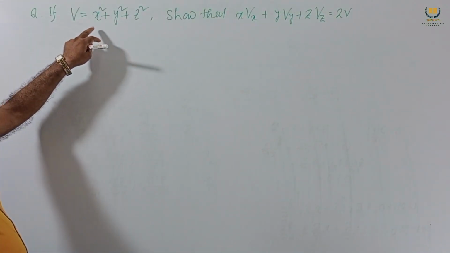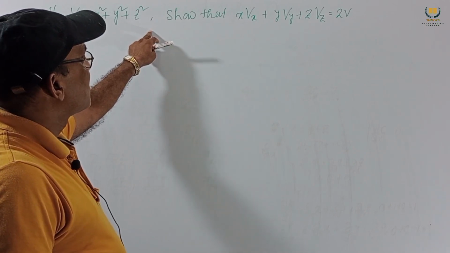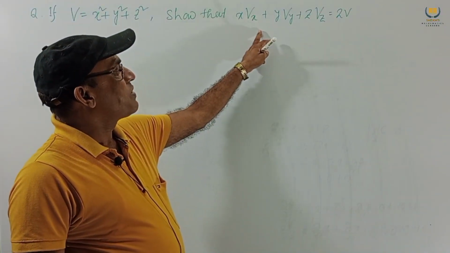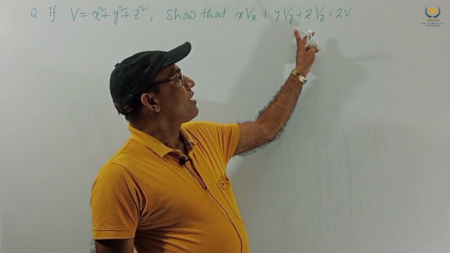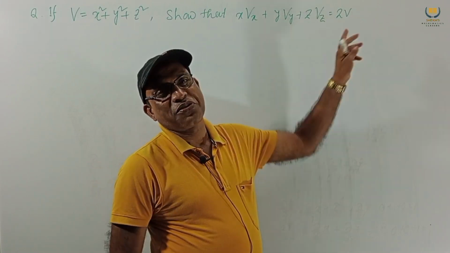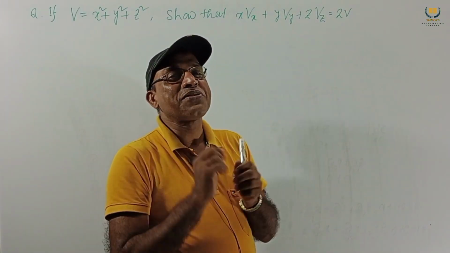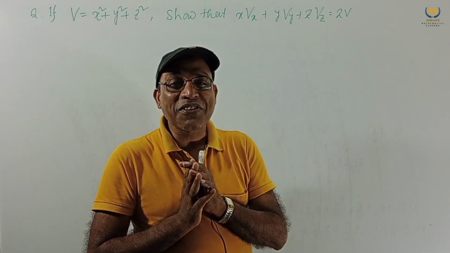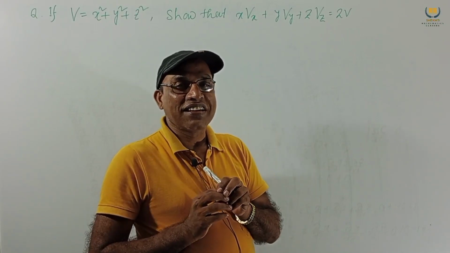If v equal to x square plus y square plus z square, show that x v x plus y v y plus z v z equal to twice v. This is very simple. No one can say this problem is difficult, solution is difficult.